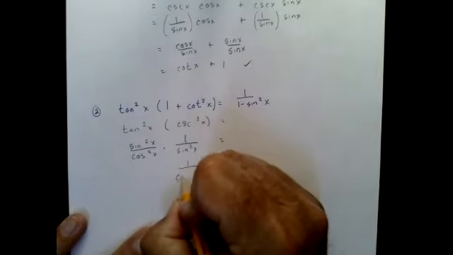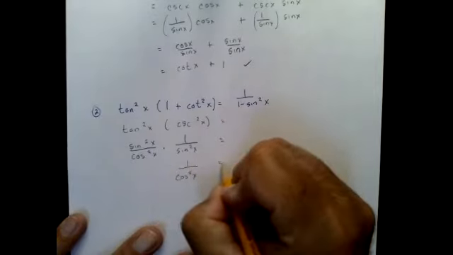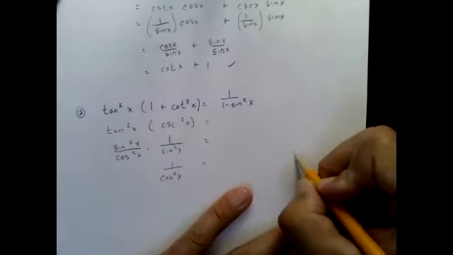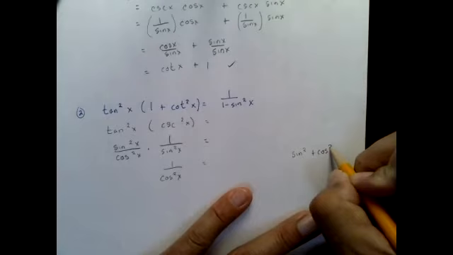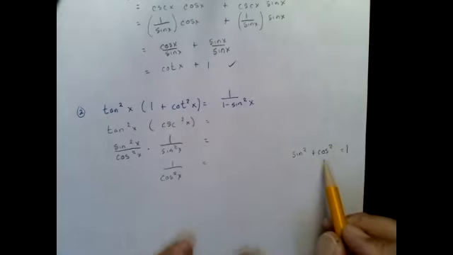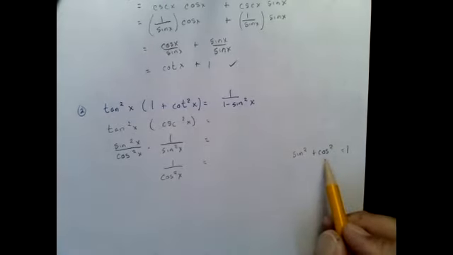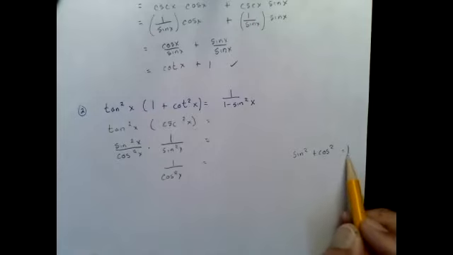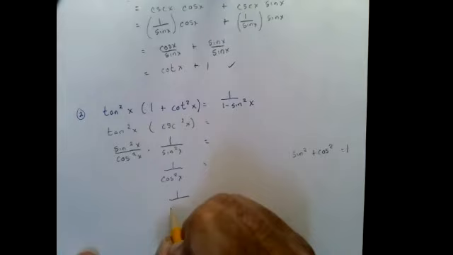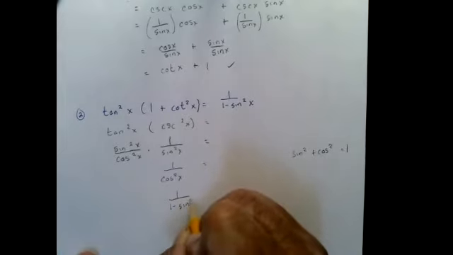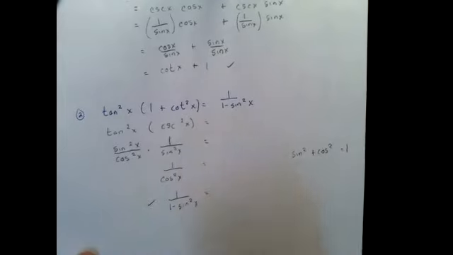I'm left with 1 over the cosine squared of x. And I do remember the sine squared plus the cosine squared equals 1. So cosine squared does in fact equal 1 minus the sine squared. So I can convert that because that's what I want to get. Woohoo! Check. Left side equals the right side.